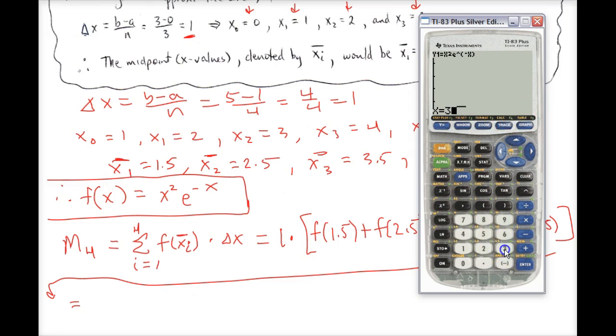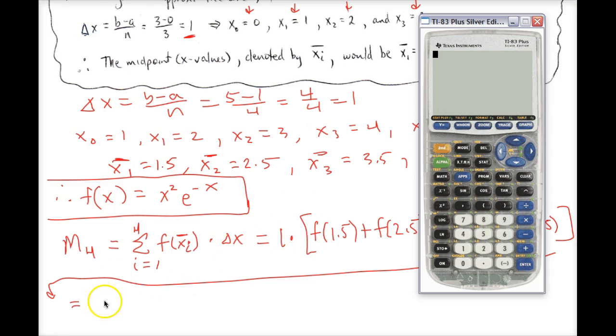We do it for 3.5, we get 0.36991795. And if we do it for 4.5, we get 0.22495718. Okay. Of course, with that, you probably want to jot all those down.